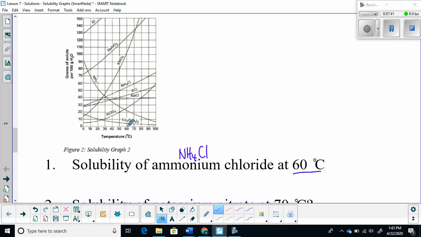I'm going to find 60 degrees. And I see ammonium chloride right there. And then I'm going to read across. I would say that the solubility of ammonium chloride is about in between right here, see if I can draw a nice straight line.